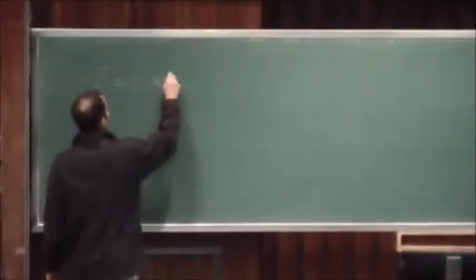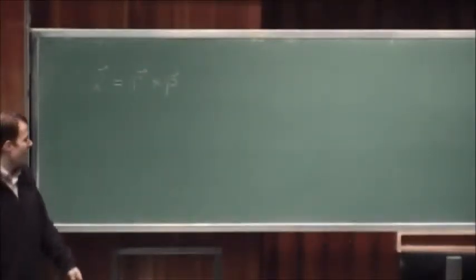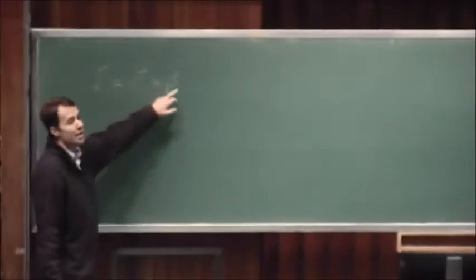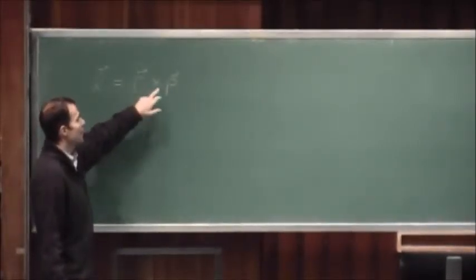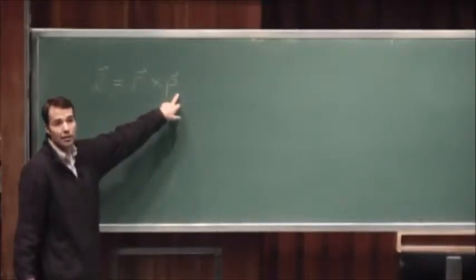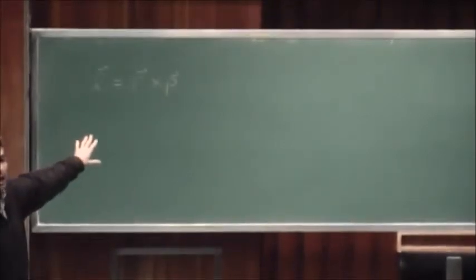Okay, so last time, as you remember, we learned that angular momentum was defined as r cross p, which just means it's the cross product of the radius vector with the momentum vector. Okay? We've learned about the right-hand rule, step along that line. But now let's find out what happens.